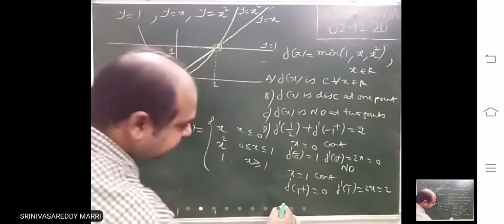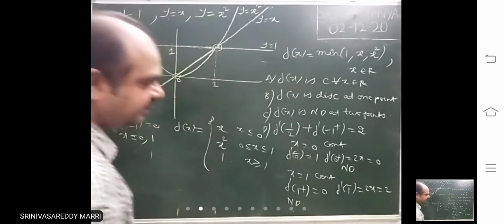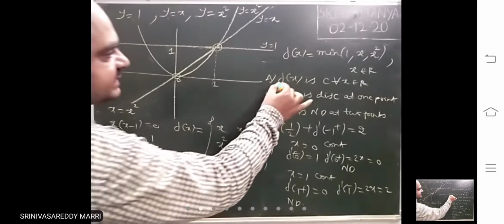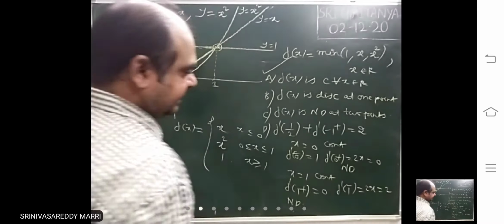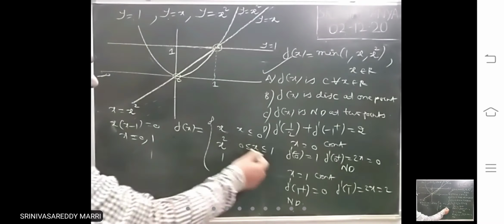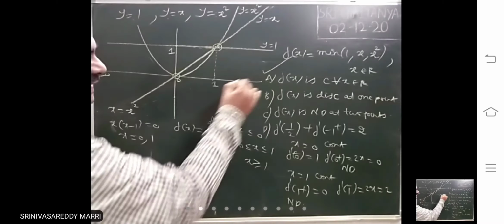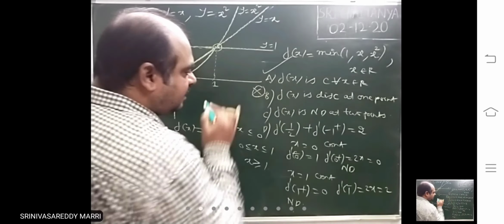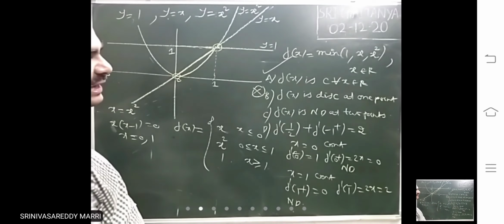Both are not equal, that means not differentiable. So this is continuous everywhere, true. There is no discontinuity at the rule changing points. F of x is discontinuous at one point, it is wrong. F of x is not differentiable at 2 points, this is correct.